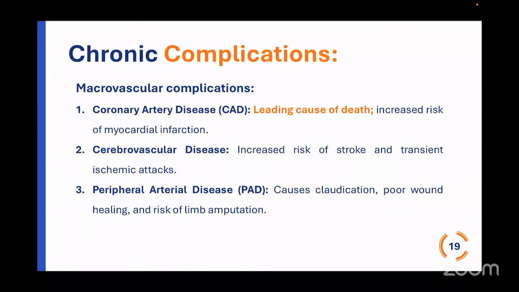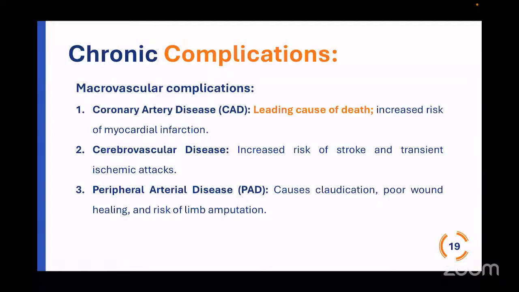So chronic complications include coronary artery disease, which increases the risk for MI. This is the leading cause of death in patients with diabetes. The second macrovascular complication is cerebrovascular disease, which can result in stroke and TIA.